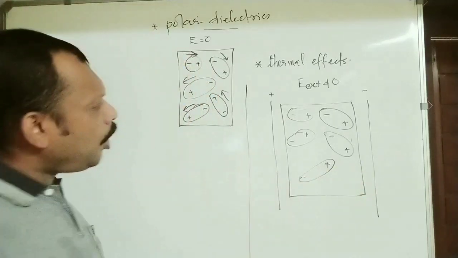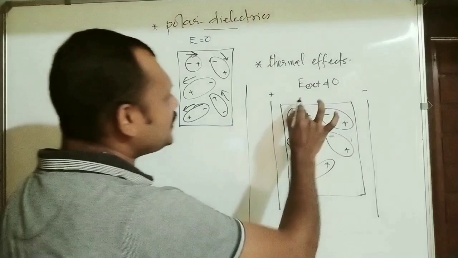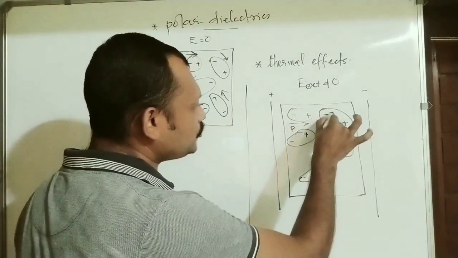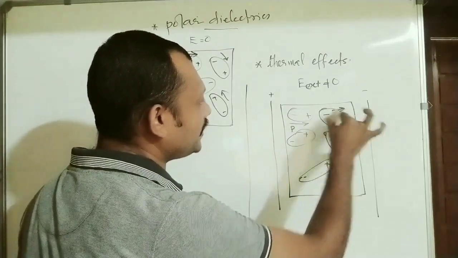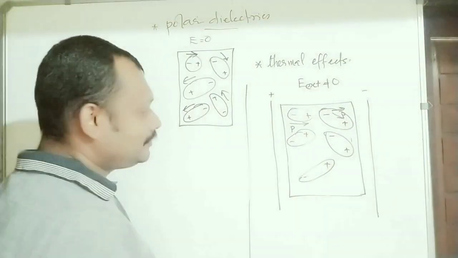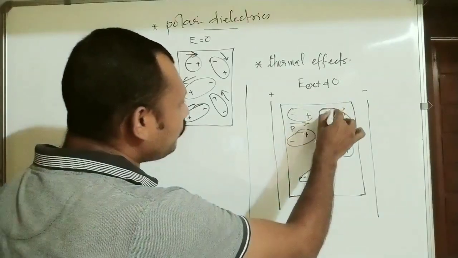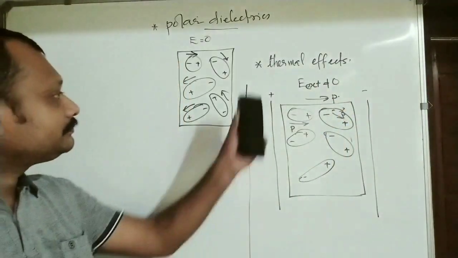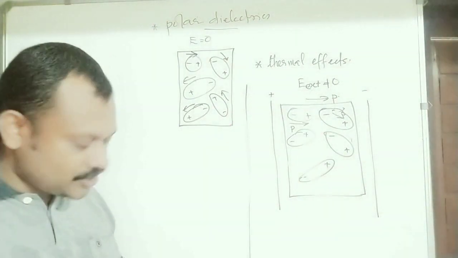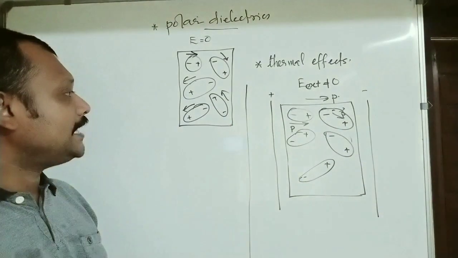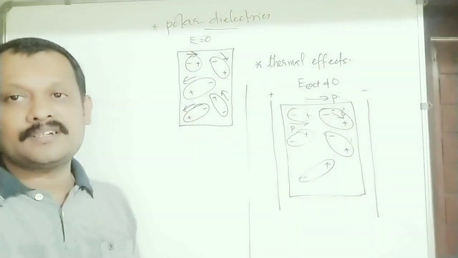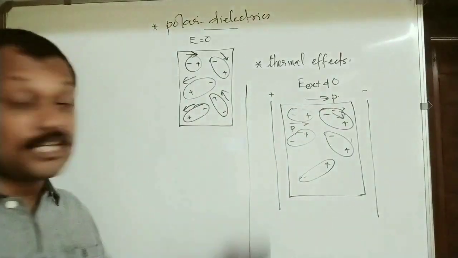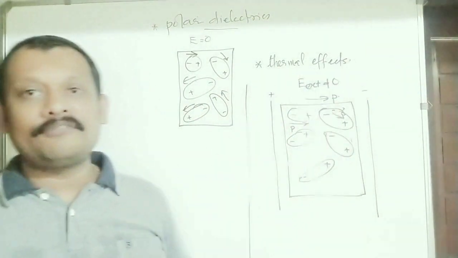What I can say altogether is that there is a net dipole moment, right? There is a dipole moment in this direction, and this will have a dipole moment, but still it has a component in this direction. Altogether, a net dipole moment is induced in the direction of the external field.